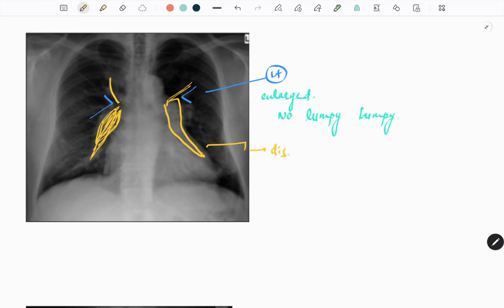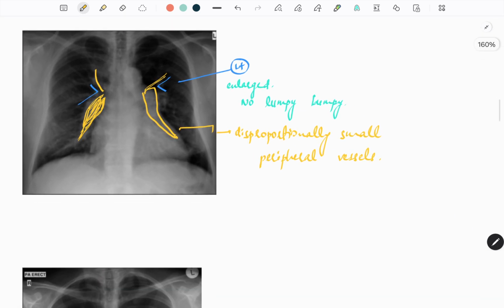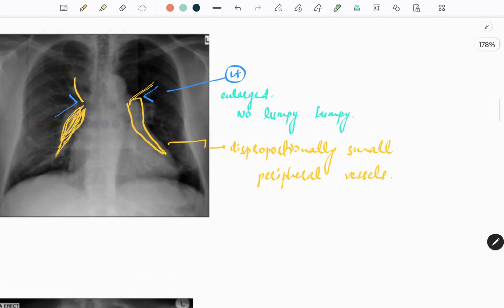These peripheral vessels are disproportionately smaller, leading to the popular morphology of jug handle.